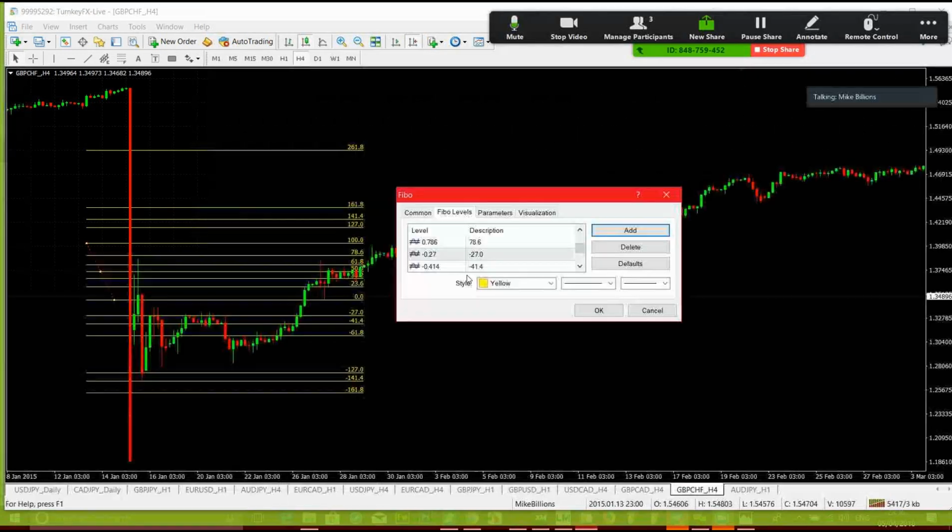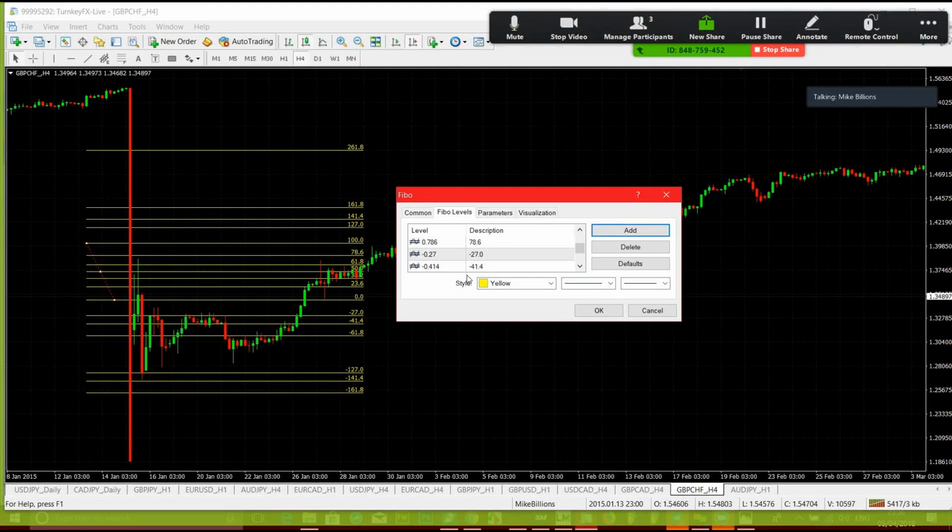So when the market moves, I'm always looking to take profit at minus 27 if it's on a down move, or 127 if it's on an upward move. If it turns at maybe 23, 38, 50, 61, that's my first TP.